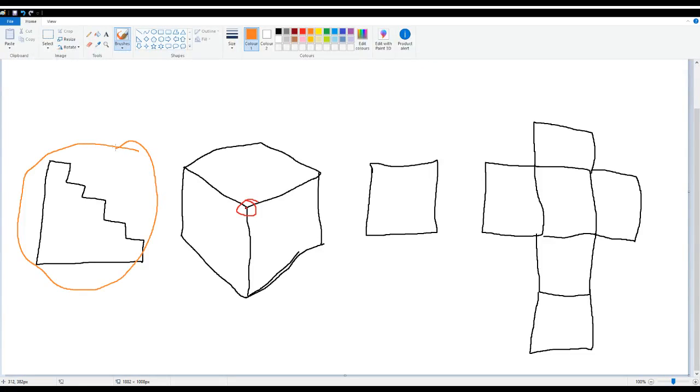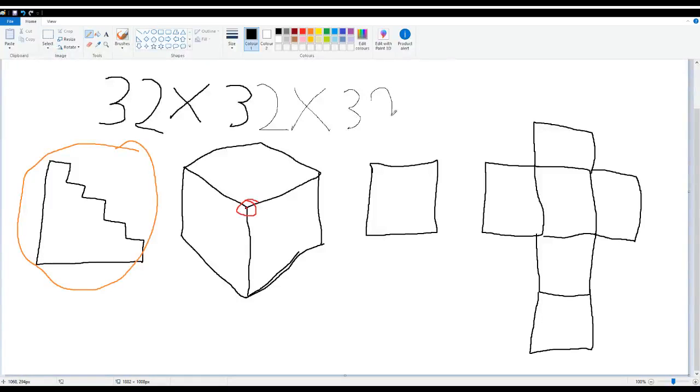Now, the code I'm going to write to tackle this issue is going to assume, and I probably shouldn't assume, that every block contains 32 by 32 by 32 blocks.